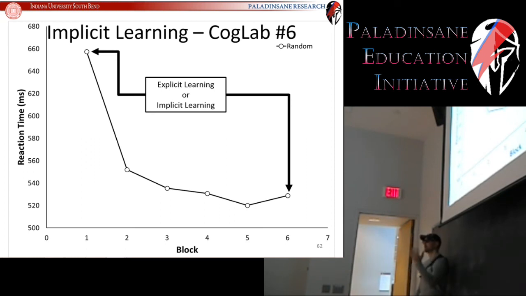is very indicative of implicit learning. So it's not that you memorized the keys. It's not that you memorized the rules. It's that you got used to what you were doing. And if I were to ask you, well, how did you get used to it? All you can really say is, well, we did it over and over again, right? But if I ask you, well, what's the strategy that you used to get used to it?